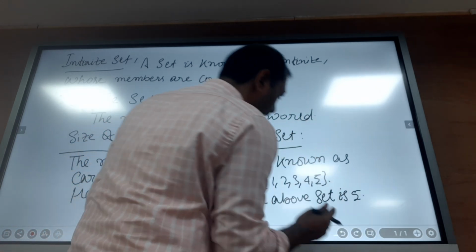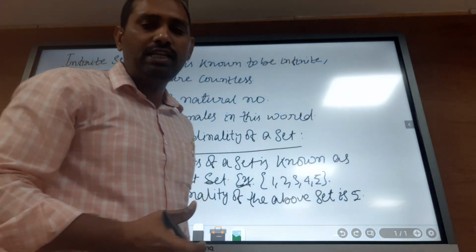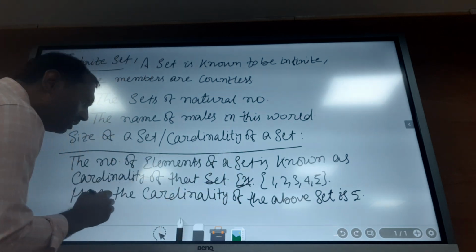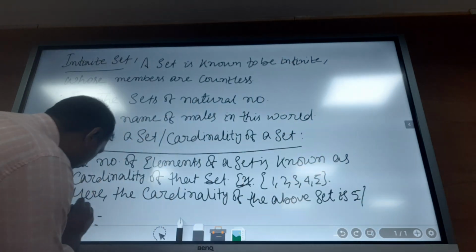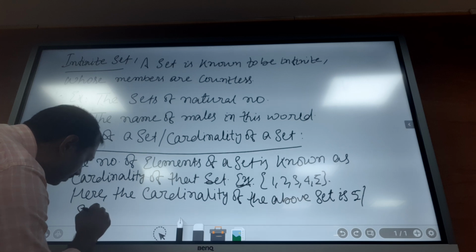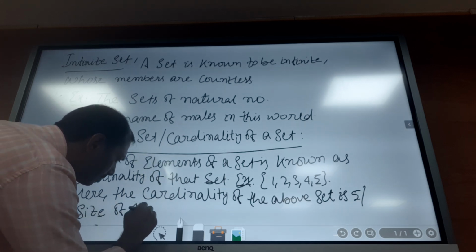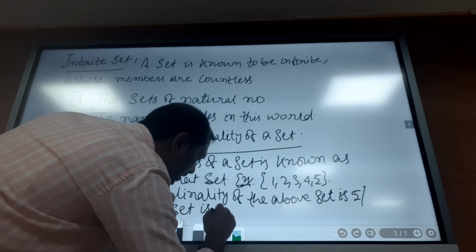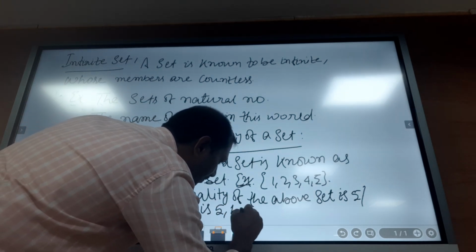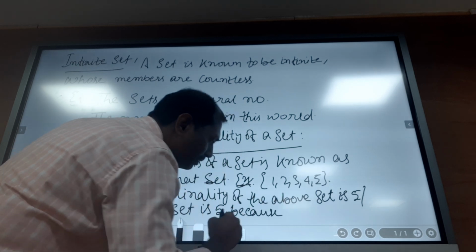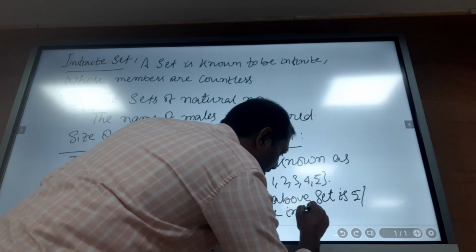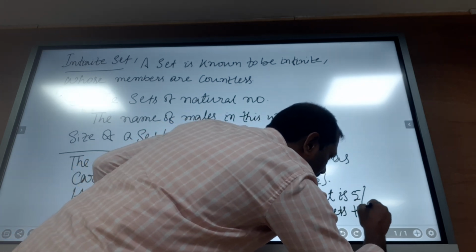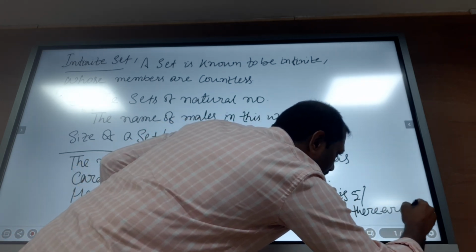Just because there are 5 elements in this set, the cardinality of that set is 5, or we can say the size of that set is 5, because in this set there are 5 elements.